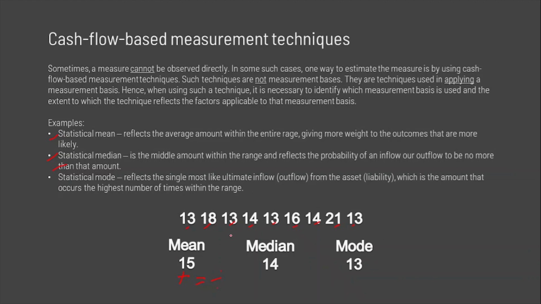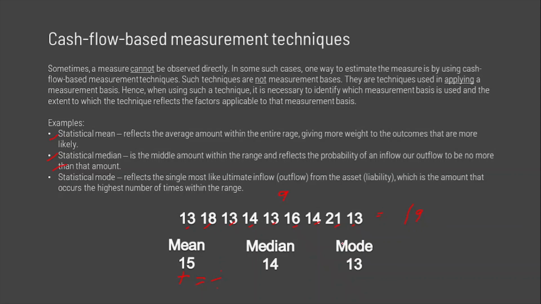The range is composed of 9 values. So get the sum and divide it by 9. You would get a statistical mean of 15.